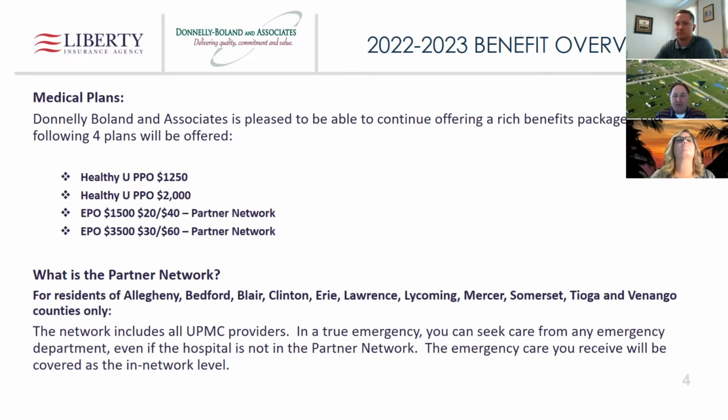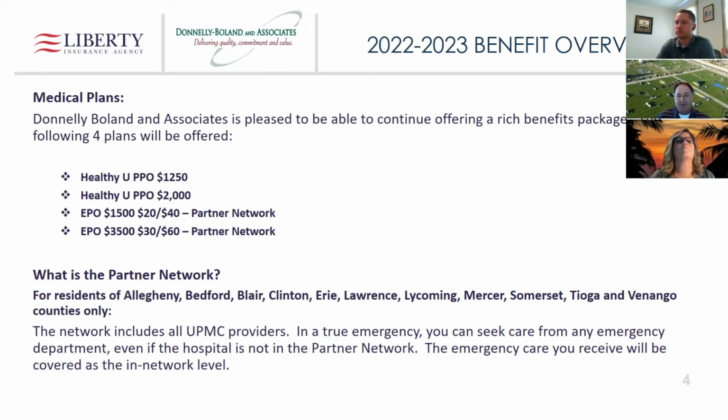The EPO 1500 and 3500 utilize the partner network only and exclusively, which means you have to seek care from a UPMC facility. So it is something that is owned by UPMC. Obviously, they have a great deal of hospitals that they own, about 4,000 physician practices that they own.